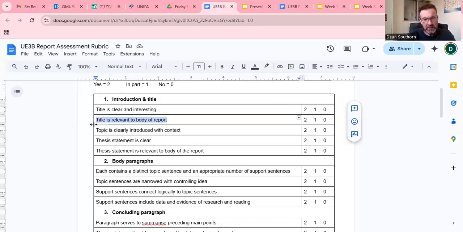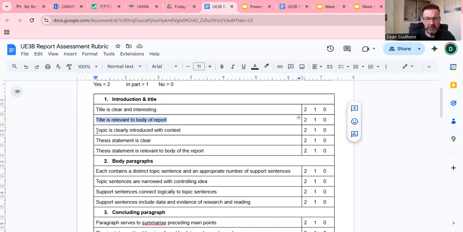Okay, topic is clearly introduced. So we're into the introduction now. You remember the functions of the introduction we looked at. The first was to clearly introduce the topic. The topic should be not just apparent from your title, but explained further in the opening sentence or two of your introduction.